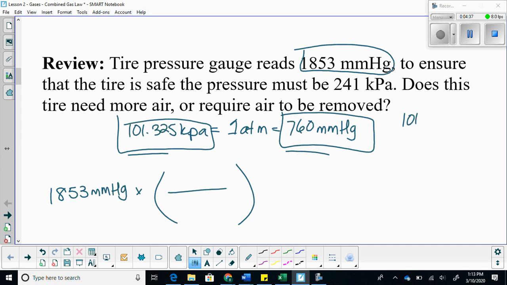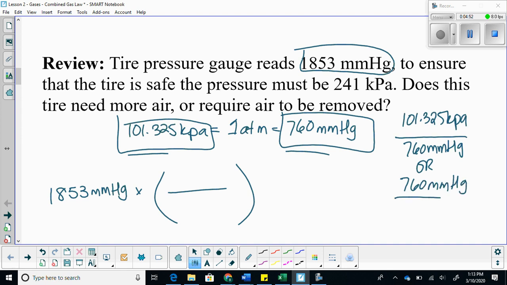I can say 101.325 kPa over 760 millimeters of mercury, or I can say 760 millimeters of mercury over 101.325 kilopascals. These ratios represent the same thing. The way they are set up is how we will perform our unit analysis.